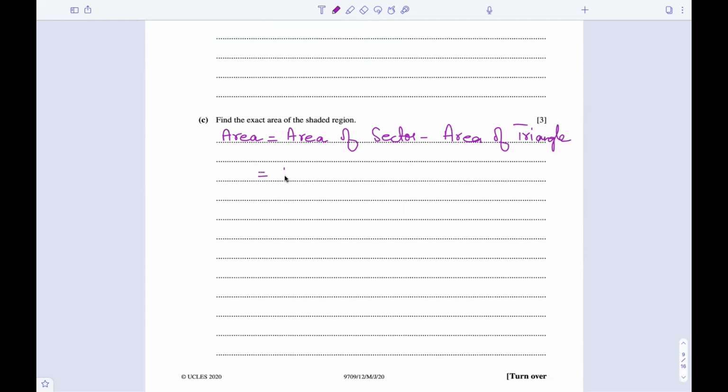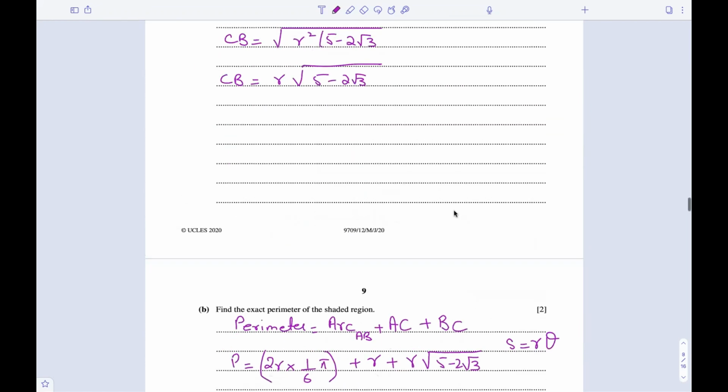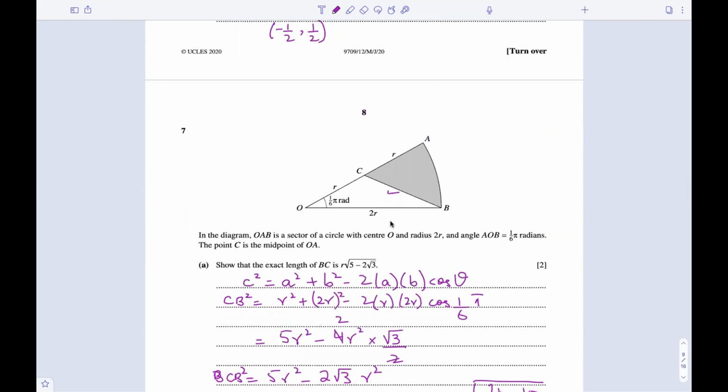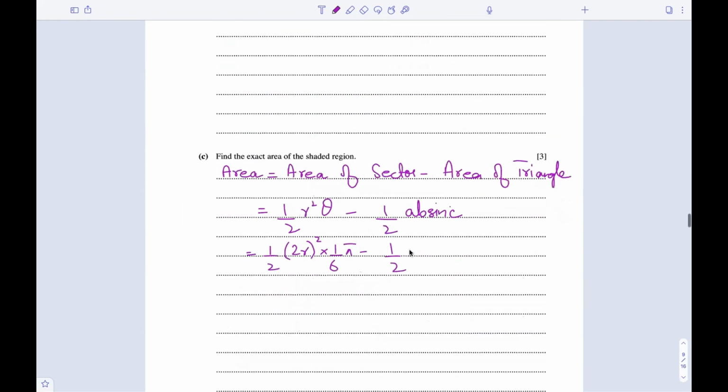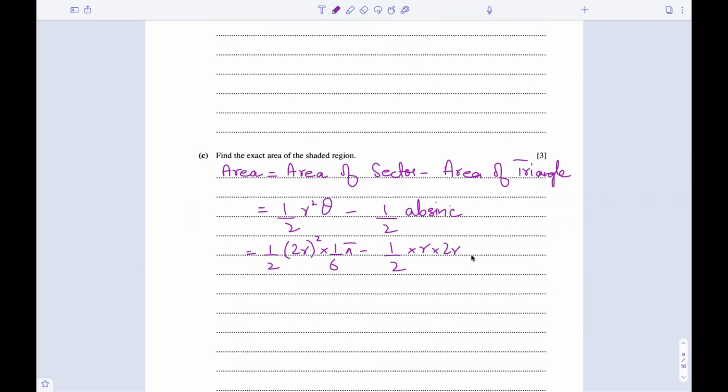The area of the sector is given by half R squared theta, and the area of the triangle would be given by half AB sine C. So the radius is 2R, so we can write 2R whole squared into 1 upon 6 pi, minus the two lengths of the triangle. One of the lengths is R and the other length is 2R. So we can write half into R into 2R into sine of pi upon 6.